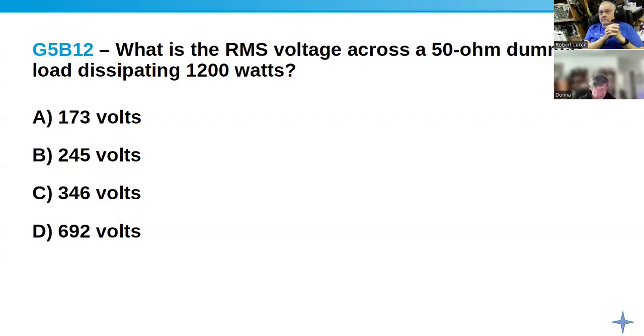So that would be, wait, no, RMS voltage across a 50 ohm dummy load dissipating 1200 watts. 245, Baker. Bravo. I had a hard time with that.